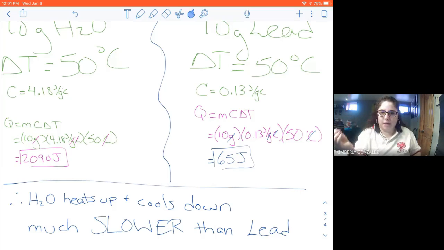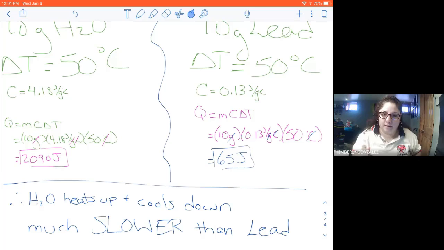So since its specific heat capacity is 4.18, that means it would be kind of like, this is a really crude, simple way of putting this, but do you know how some people sweat more than others, even though you've been doing the same amount of energy, running the same mile? There are some people who come out of gym and they look like they just took a shower. And then there are some people who look like they've been sipping tea for the last hour. Okay. So the people who are sweating profusely have a lower specific heat capacity.